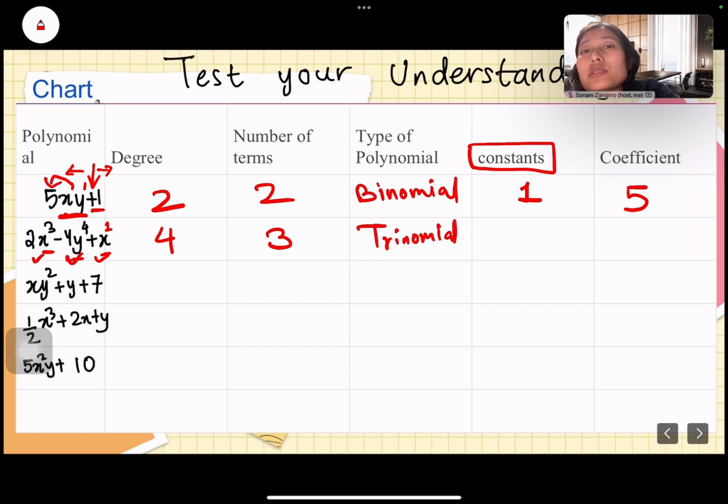And constant, the number without variable is none, so it is 0. Coefficient, x cube has coefficient 2. Then for y raised to 4 you have negative 4, and for x we have positive 1. So the number in front of the variable is the coefficient, so you can try the later part.